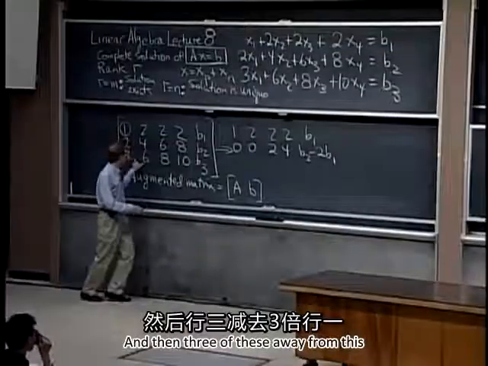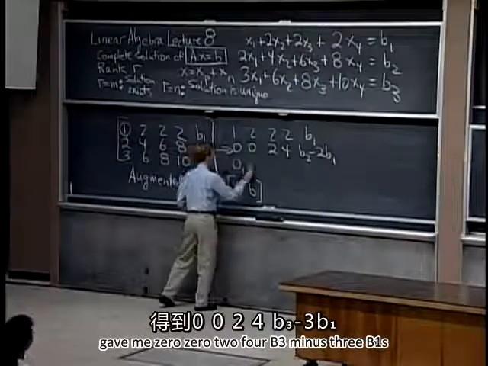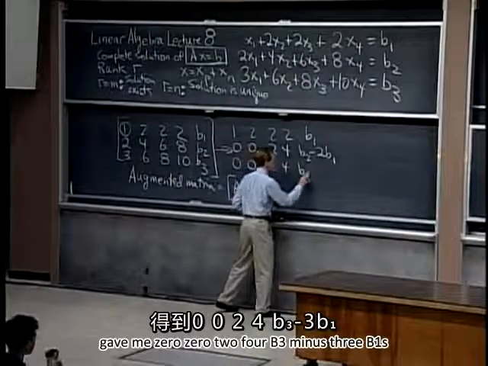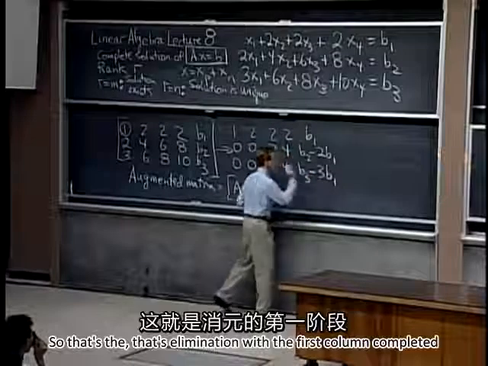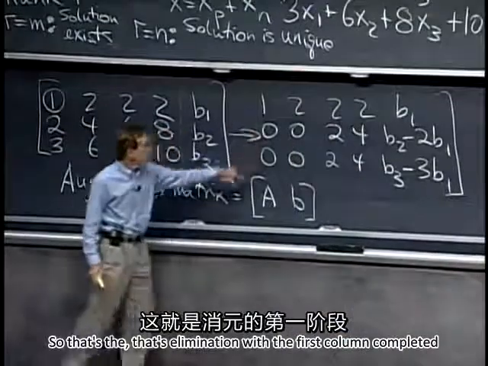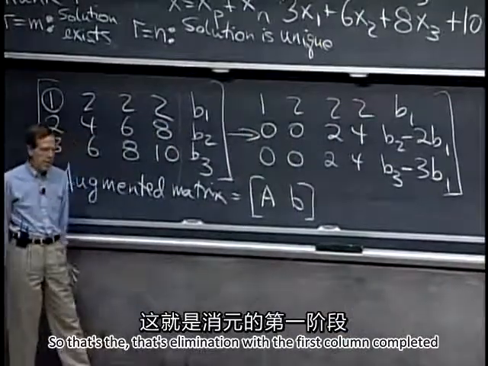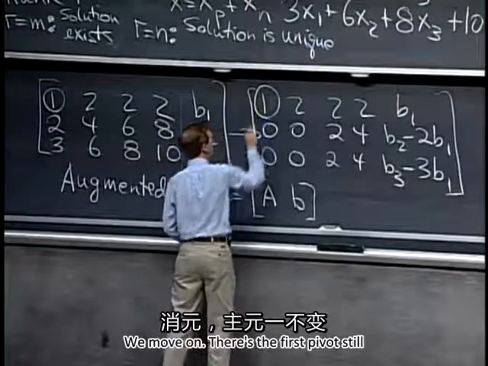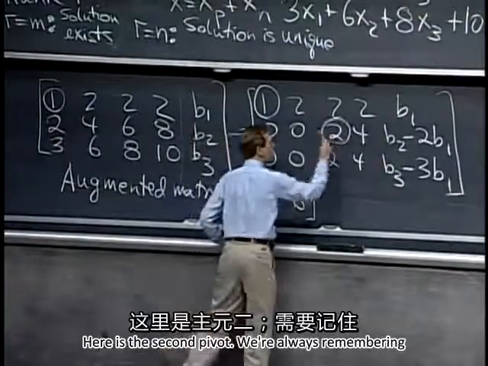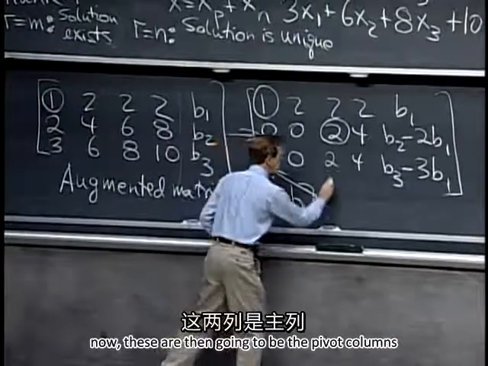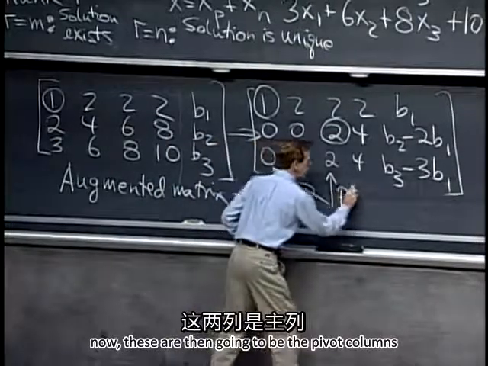And then 3 of these away from this gave me 0, 0, 2, 4, b3 minus 3b1. So that's elimination with the first column completed. We move on. There's the first pivot still. Here's the second pivot. We're always remembering. Now, these are then going to be the pivot columns.